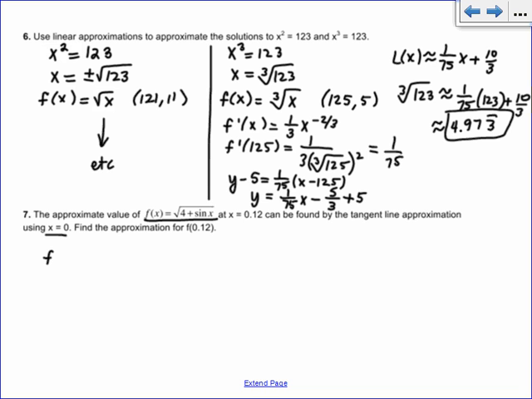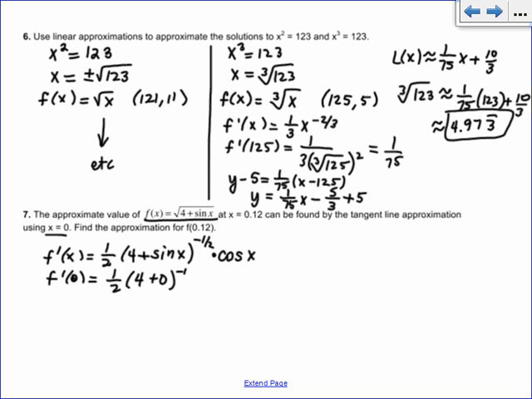So f prime of x ends up being 1/2 times 4 plus sine of x to the negative 1/2, and then times the chain. The derivative of the inside is going to be cosine of x. So if I'm finding f prime of 0, I get 1/2 times 4 plus sine of 0, which is 0, to the negative 1/2, and then cosine of 0 is 1.